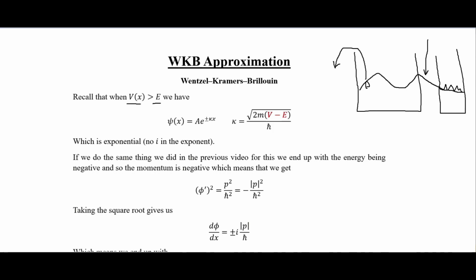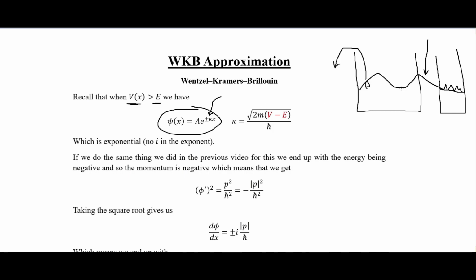So recall that when we have the potential greater than the energy of the particle, we have a solution to the wave function that looks like this. This does not have the imaginary component up there in the exponential, and so it's either an exponential growth or an exponential decay.